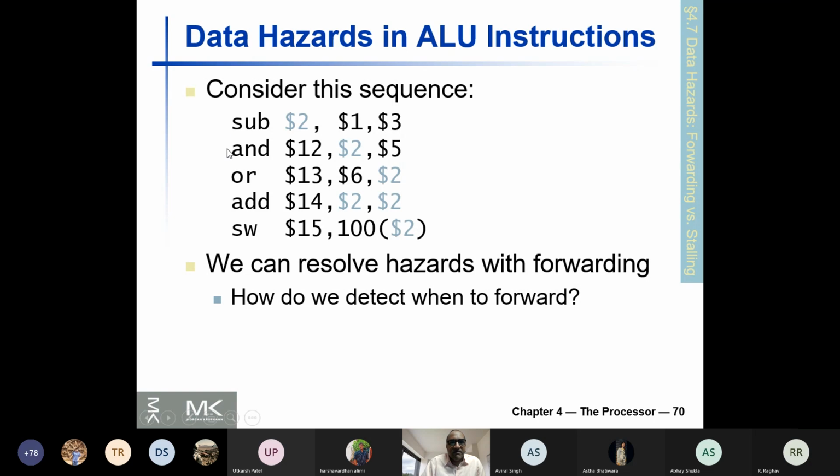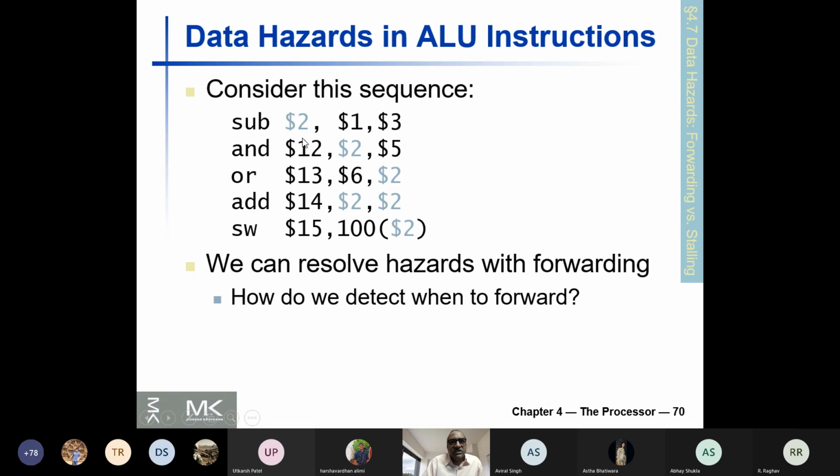Here we'll first focus on data hazards while executing ALU instructions, and later we'll see data hazards due to the load also. All these instructions in the sequence are ALU instructions, that is, arithmetic or logical operations.